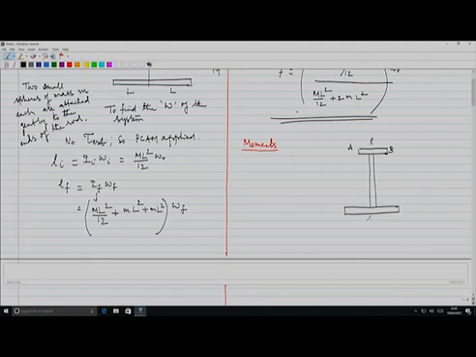This length is 4L. This length is 2L. And then this length is 2L. Three rods are joined. Three light rods. First I will take the rods to be light. Case 1. The connecting rod is light.